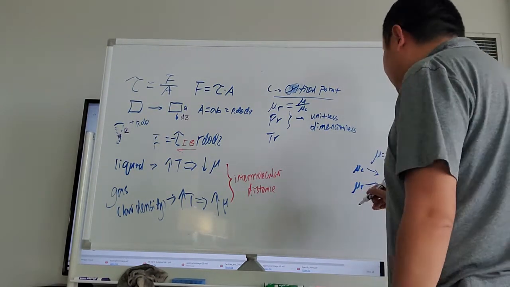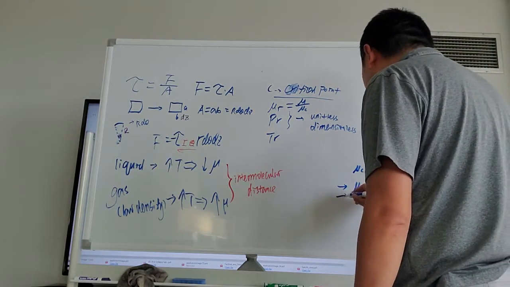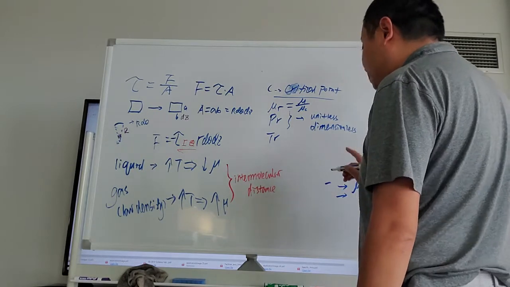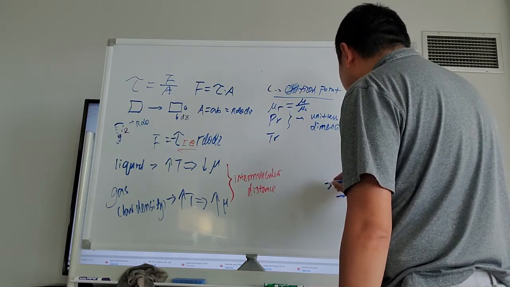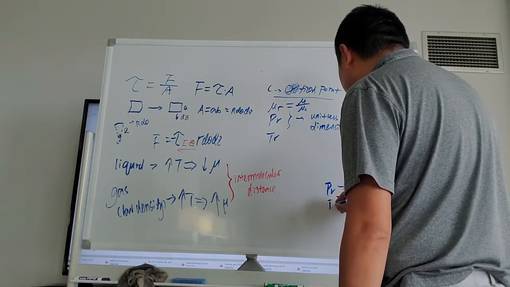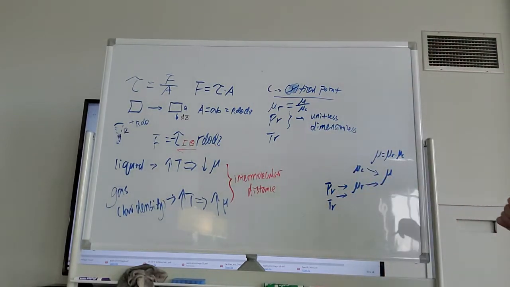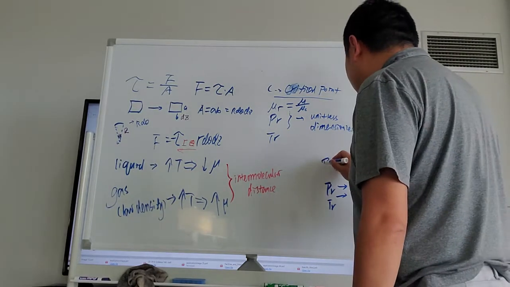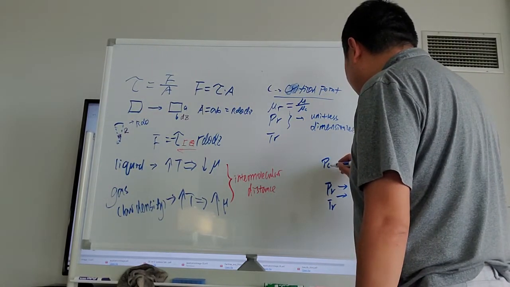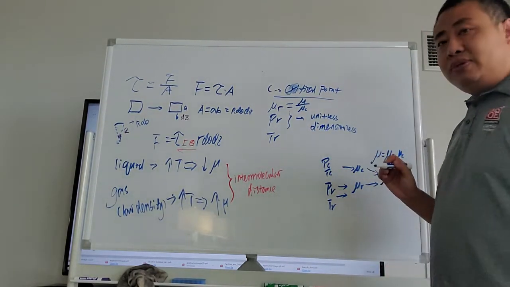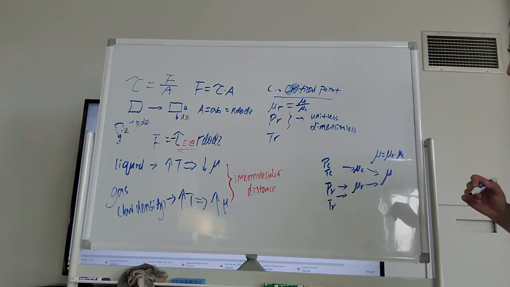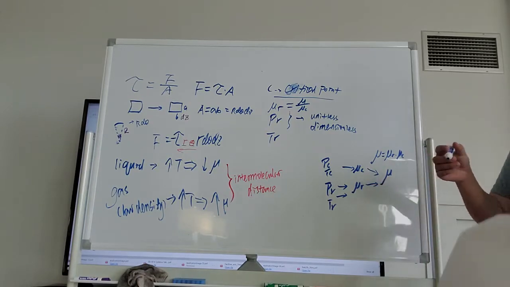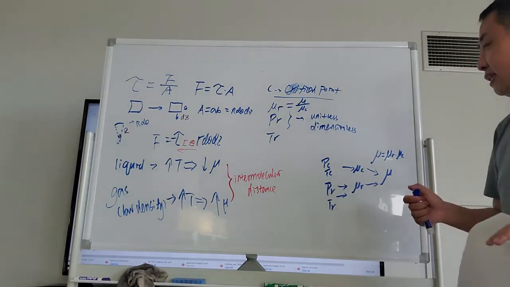To get MUR, in general, we need both PR and TR. And to get MUC, we also need PC and TC values. So once we get MUC and MUR, then we can calculate the viscosity mu.